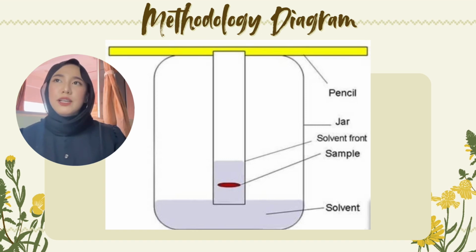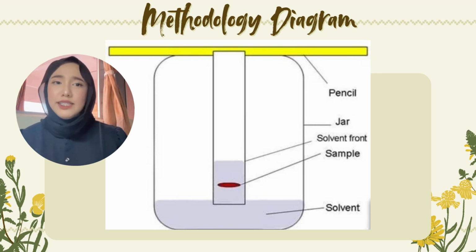The paper is then placed in the jar containing the solvent. The bottom of the paper touches the solvent, but the sample spot must be above the line, so it does not go directly into the liquid.